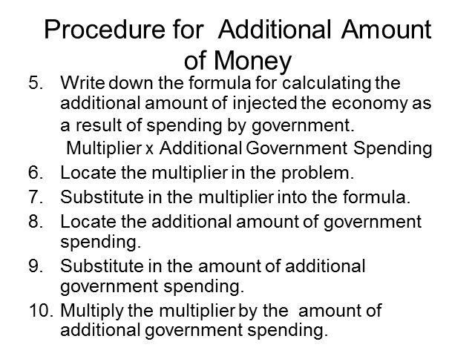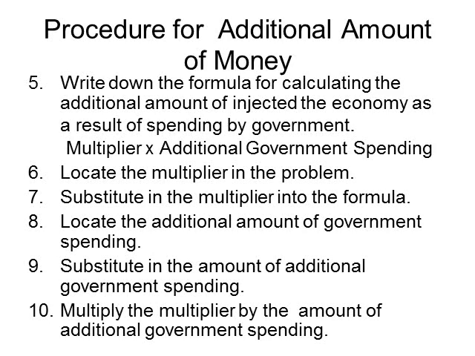5. We'll write down the formula for calculating the additional amount of money injected into the economy as a result of government spending, and that is found by multiplying the multiplier times the amount of additional government spending. 6. We'll locate the multiplier in the problem. 7. Substitute the multiplier into the formula. 8.